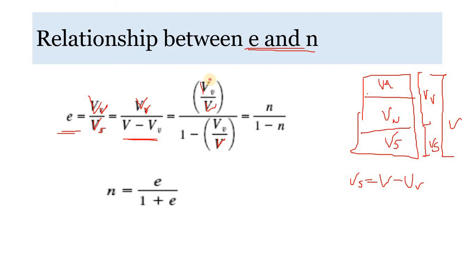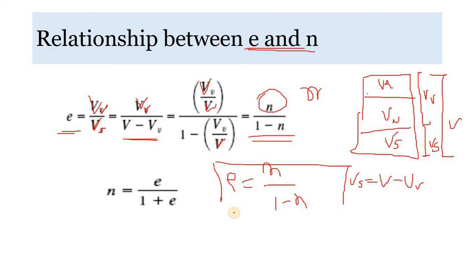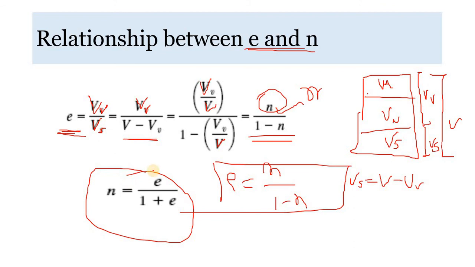So we'll get volume of voids to the total volume, which is equal to n, porosity. So this relation is e is equal to n upon 1 minus n. This is the relation of void ratio and porosity. Okay, the same way we can find out the relation of n to e.